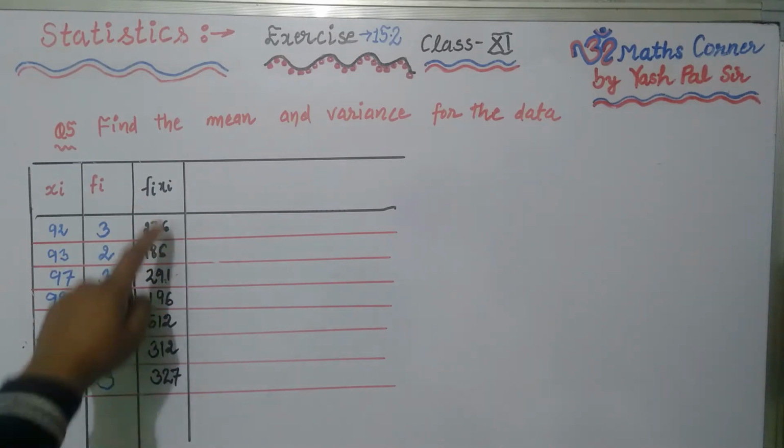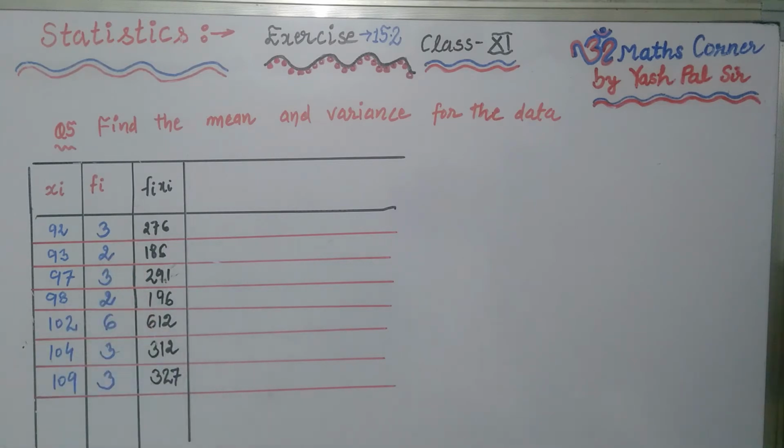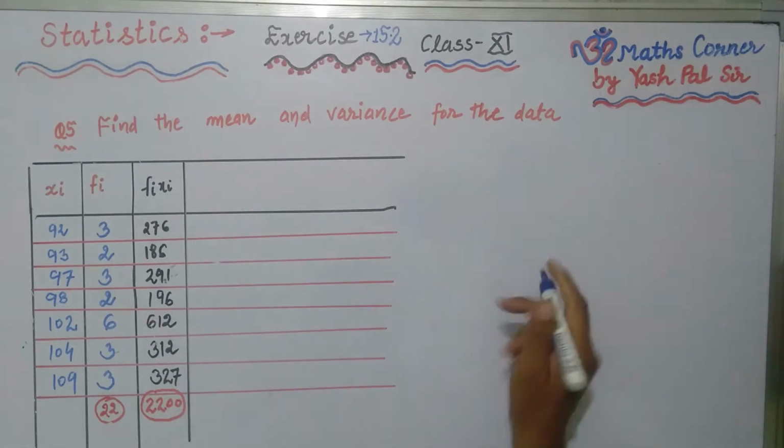Now next is, what is the sum of this column? The sum is 2200, exactly 2200 is the sum of this column. Also the sum of this column is 22. Now how to find mean?